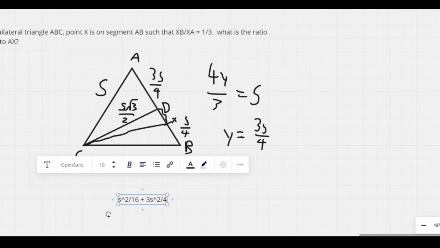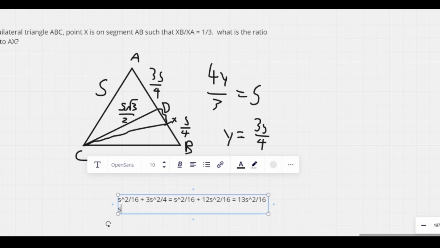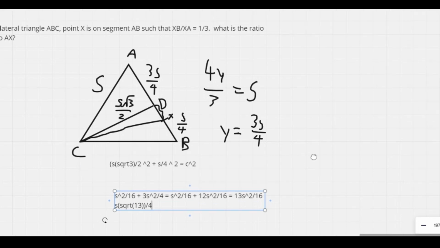This will equal, we'll have the same common denominator, so S squared over 16 plus 12S squared over 16 equals 13S squared over 16. And take the square root. It will be S square root 13 over 4. And then we'll take the ratio.